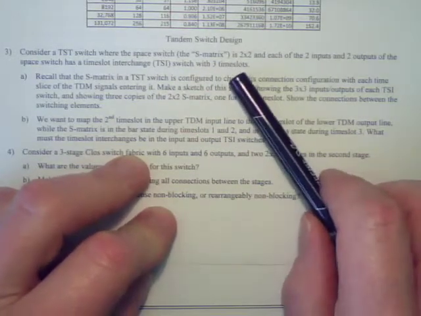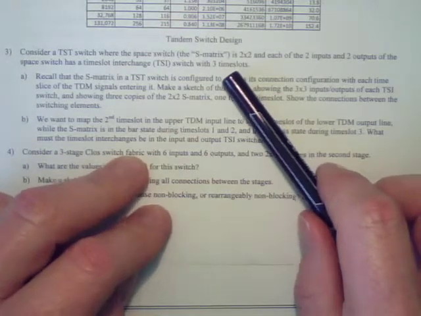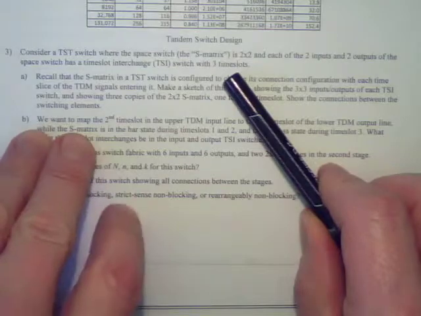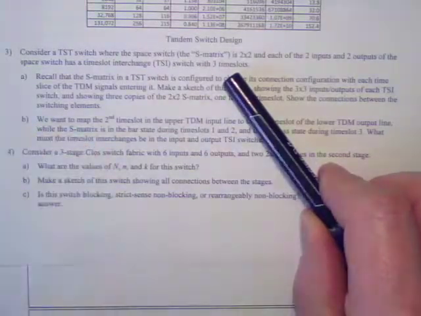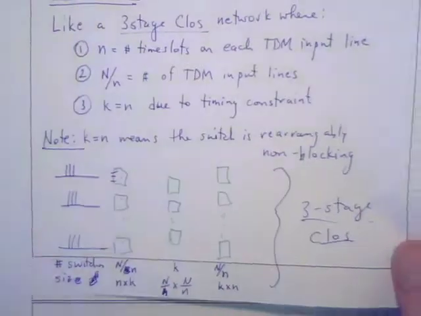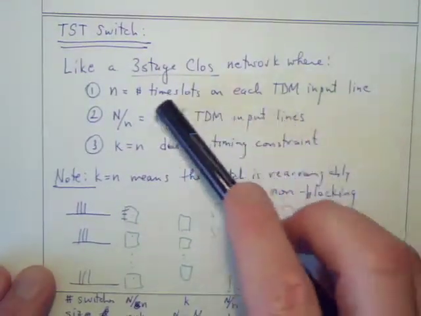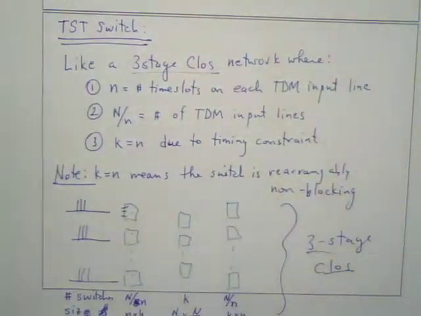So now we know that 3 time slots is the number of time slots in all of our input and output lines. Okay, so we call that number, the number of time slots, little n. So we know now that little n is 3.